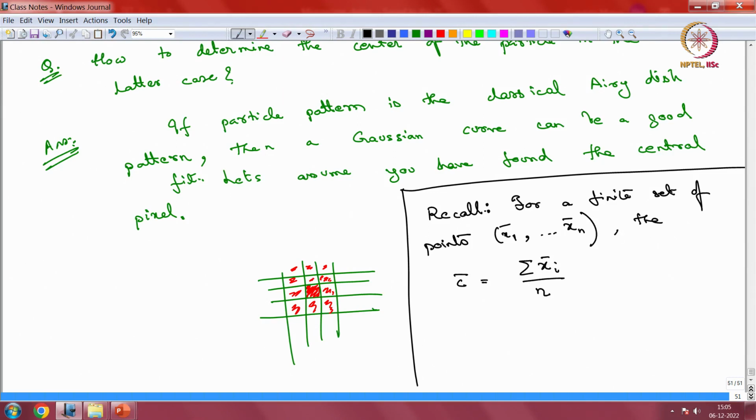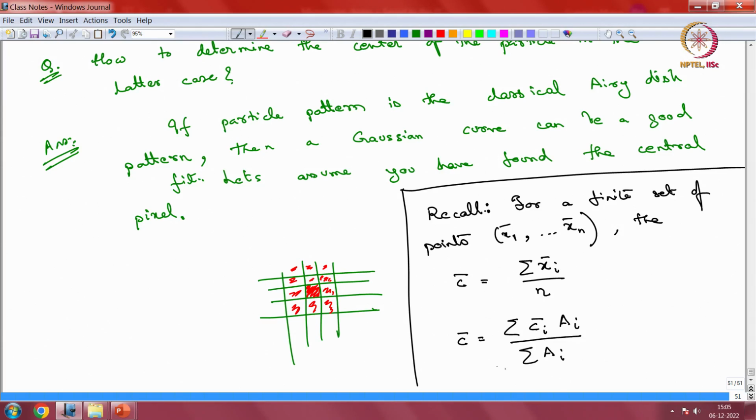And if you want the centroid of n areas, which are A1, A2, A3, etc., each of whose centroids are known, then the centroid is found this way. I am not writing everything down, hopefully you are able to follow.